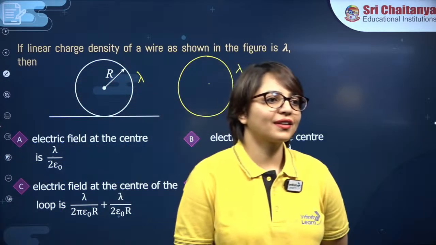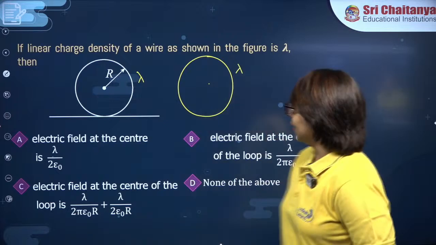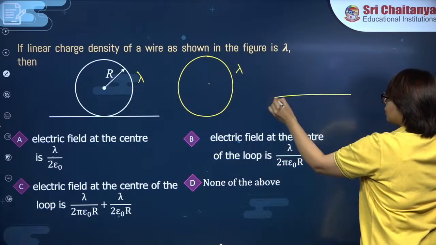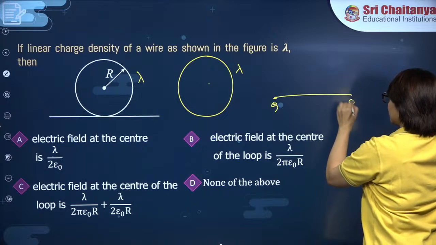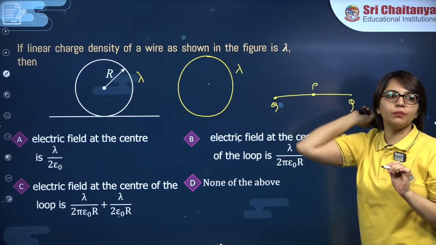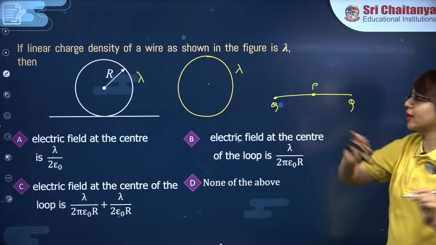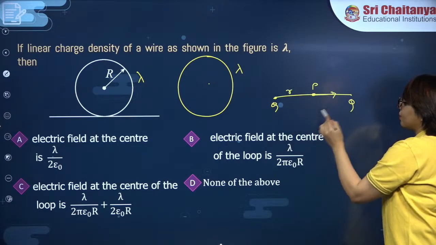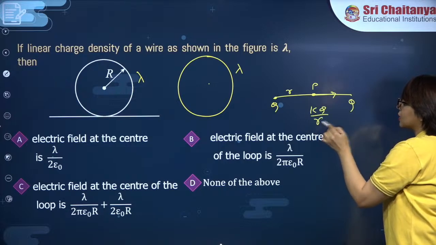All right. Look at this situation over here. Just forget about this one. We have two charges, Q and Q over here. At this point, which is the midpoint, what will be the net electric field? Because of this Q, it will be away from it and it is KQ divided by R square.